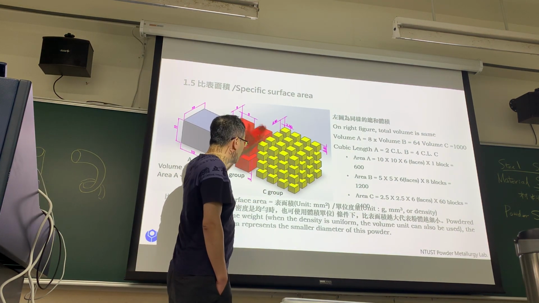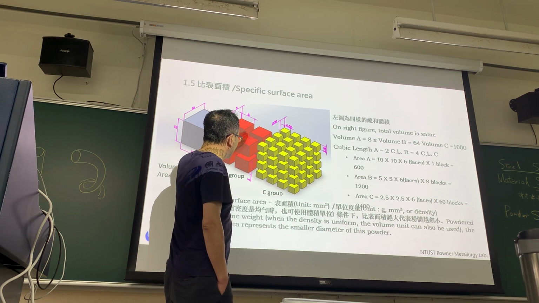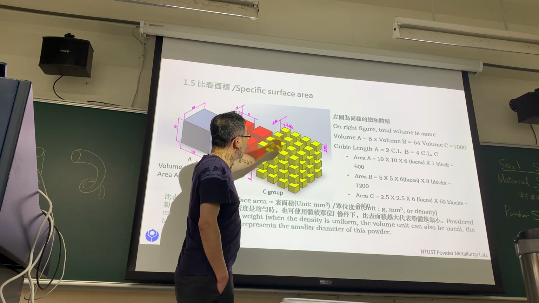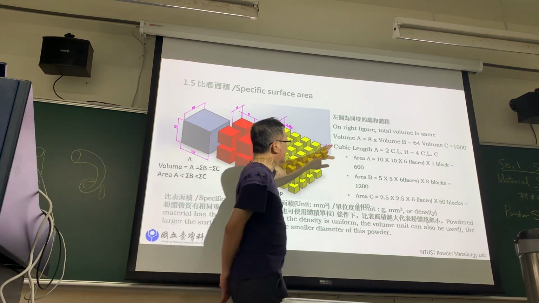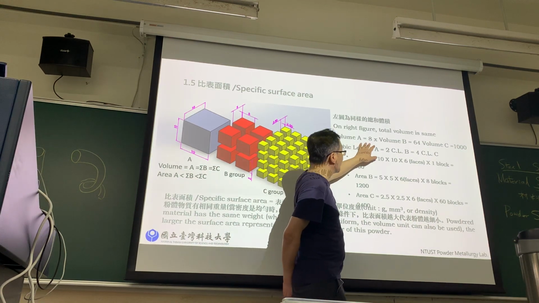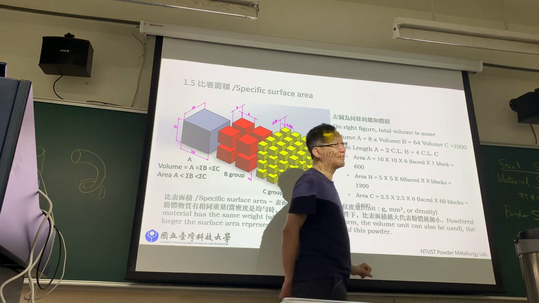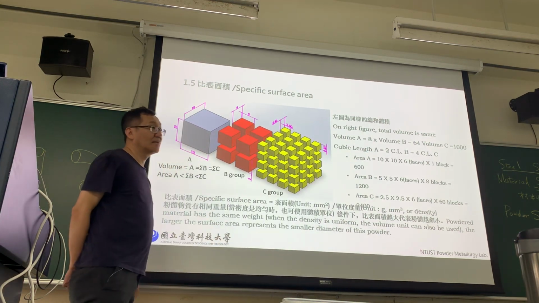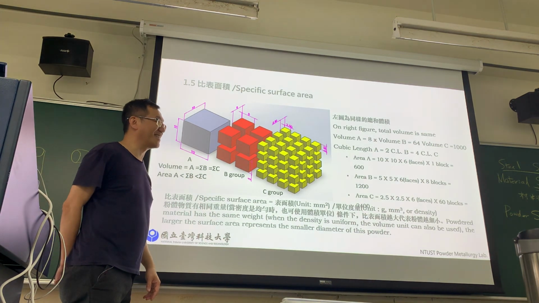And this one has a total of 64 pieces, because we cut one in half, cut again, and cut again, so every piece is different. The volume of A, the total volume of B, and the total volume of C are the same, 1,000. But what is increased? The surface is increased.